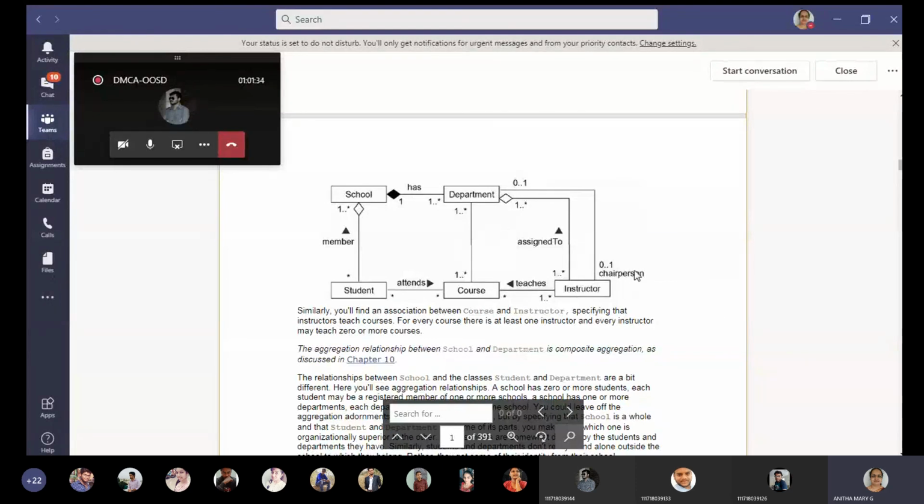If many are there, among many only one may be the HOD, or there may not be. So 0 or 1 means that if there is only a single individual, there may be no HOD, so we can say 0 chairpersons. If many are there, then among them one will be the HOD. So 0 or 1 chairpersons may exist for a department. That's how we can give the structural relationships for the information system of a school.